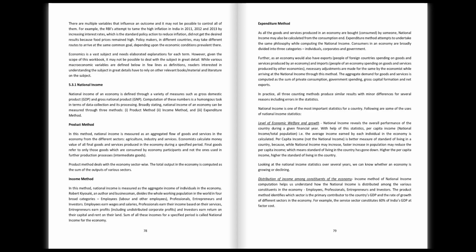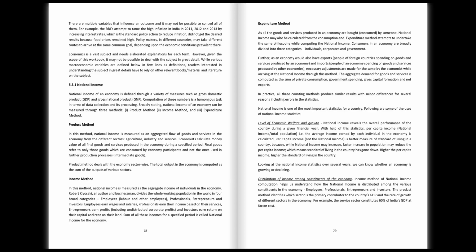Further, as an economy would also have exports, people of foreign countries spending on goods and services produced by an economy, and imports, people of an economy spending on goods and services produced by other economies, necessary adjustments are made by the economist while arriving at the national income through this method. The aggregate demand for goods and services is computed as the sum of private consumption, government spending, gross capital formation, and net exports. In practice, all three counting methods produce similar results with minor differences for several reasons, including errors in the statistics. National income is one of the most important statistics for a country.